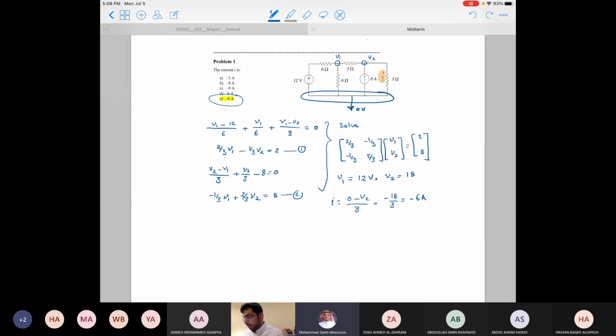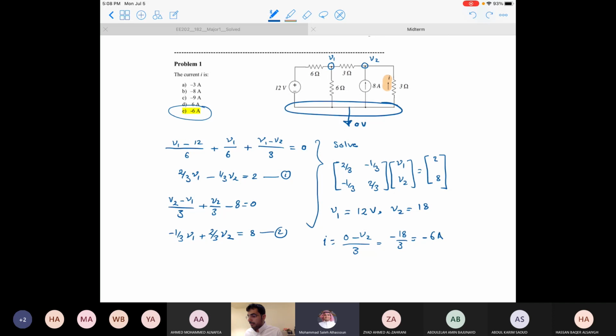Okay, this is the first question. It's a direct application of the methods. Again, you are free to choose any method in this problem. I just want to point something out here. I'm solving these problems, but it's not necessarily that this is the format of the midterm. Those are just some problems that happen to be part of all the exams.